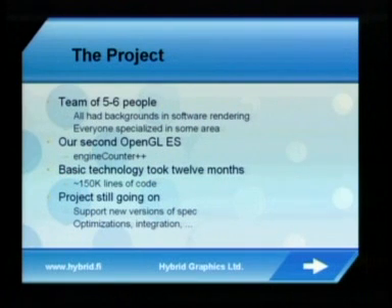The core team of the project itself consisted of typically 5 to 6 people at any given moment, a bit less at the beginning and in the end. Everybody on the team already had a pretty decent background in computer graphics and typically also in software rendering.